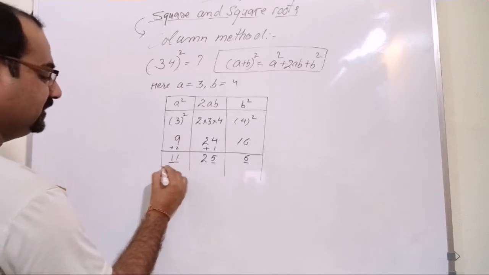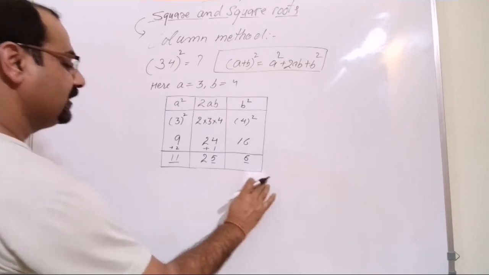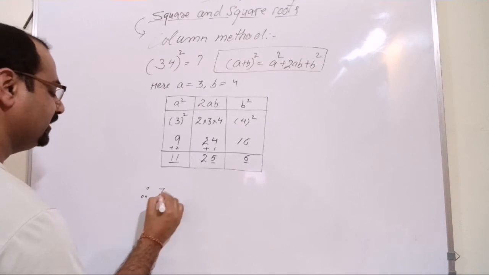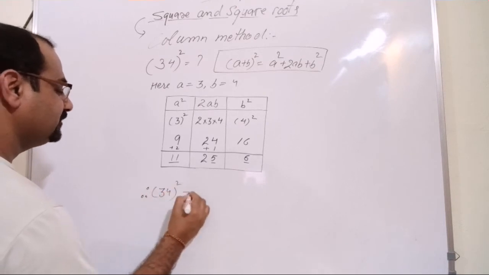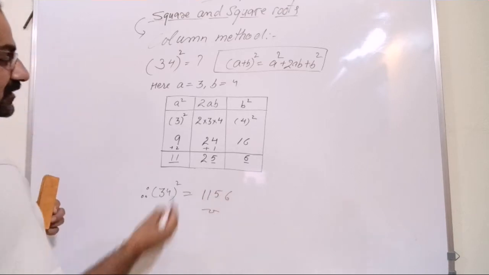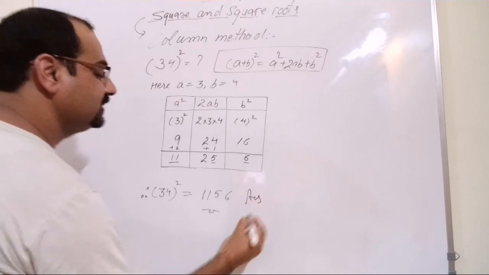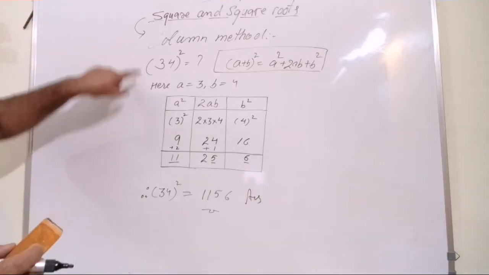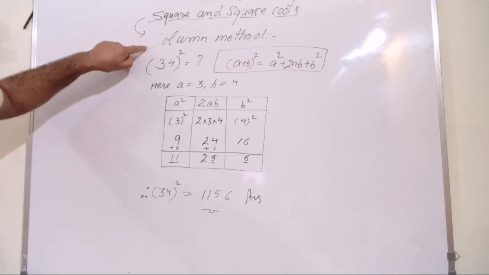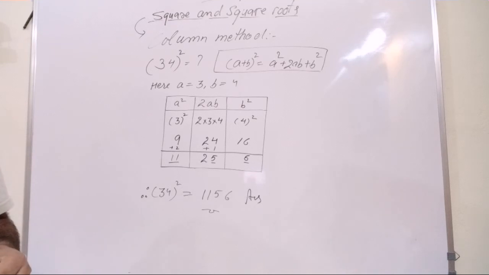So your answer is, number under the line. So this is 34 square, this is equal to 1156. Okay, 1156 is your answer. This is a way by which we can calculate the square by column method. This is one of the most important questions beta.